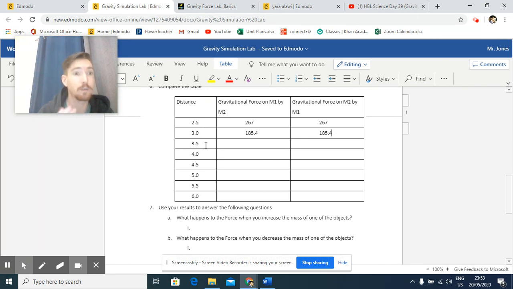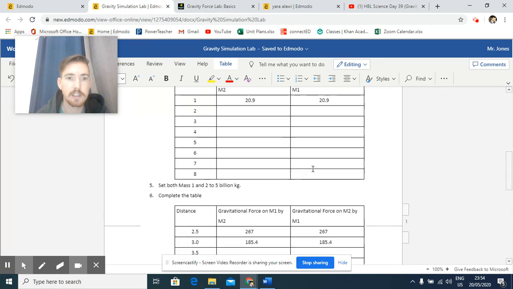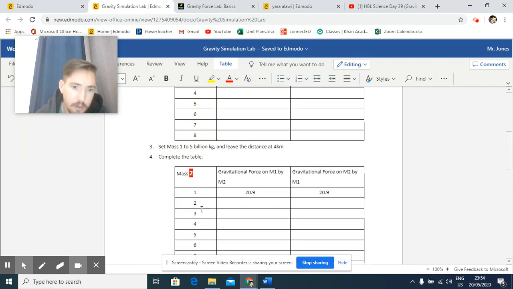Okay, lower value of numbers, not font size. So, yeah, that's what you're going to ask. So, if it says what happens to the force when you increase the mass of the objects, so as you're increasing the mass, are these numbers getting bigger or are they getting smaller?